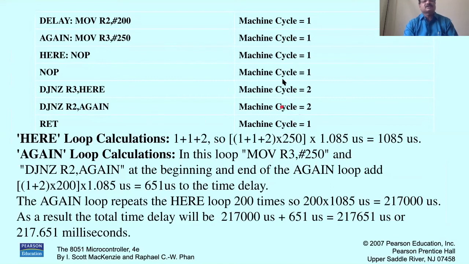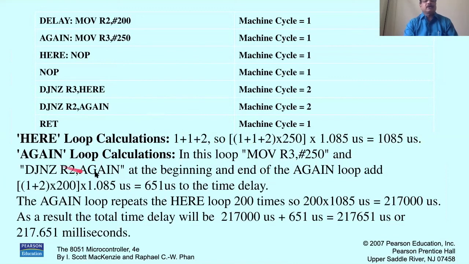The other instructions require only 1 machine cycle. Now for the here loop calculation, it is 1 plus 1 plus 2, right? The here loop will be executed 250 times, so 250 into 1.085 microsecond gives you 1085 microsecond.